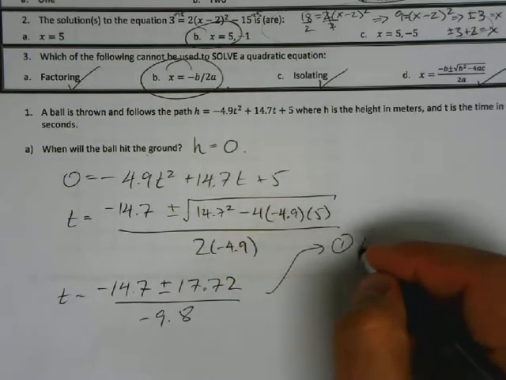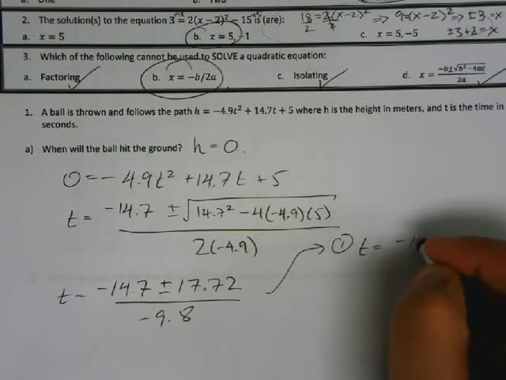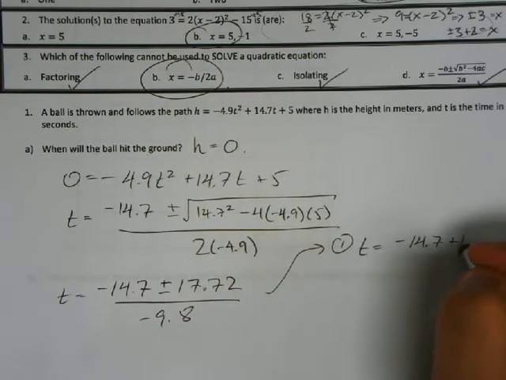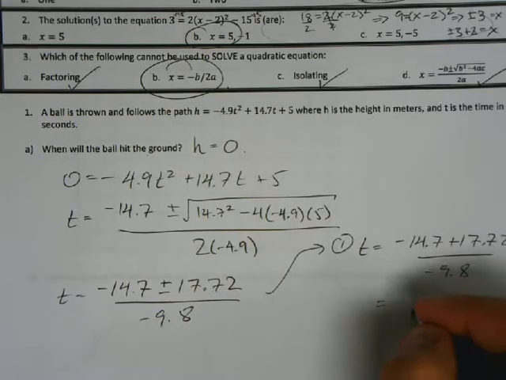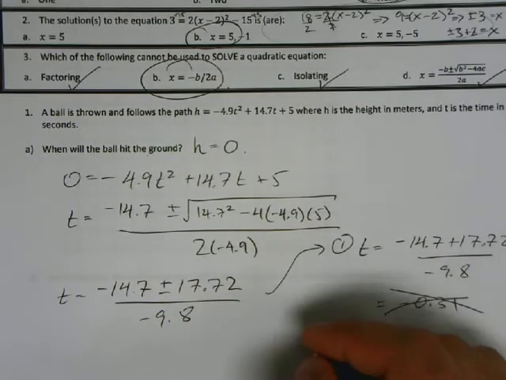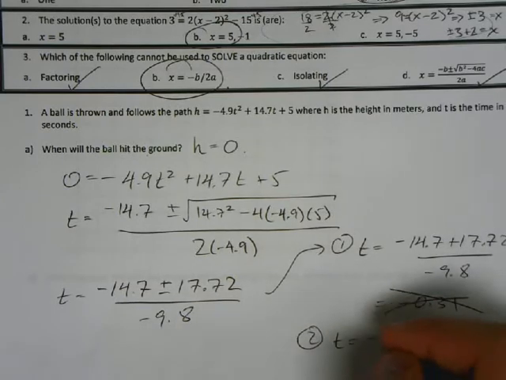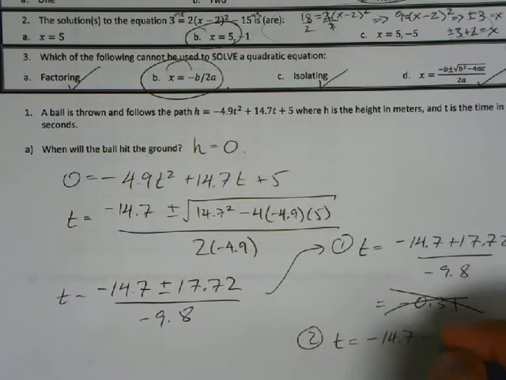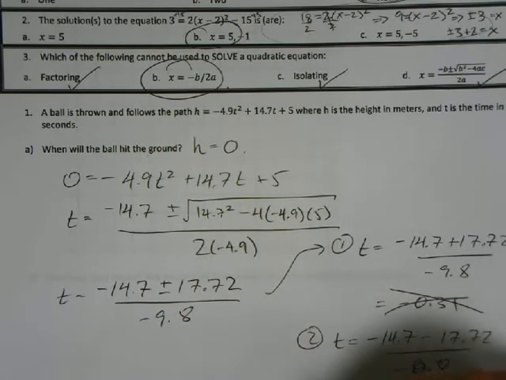Option number 1 is that t is negative 14.7 plus 17.72 over negative 9.8. Well, that gives us negative 0.31. That's a negative answer, so it's no good. Option number 2 is that it's negative 14.7 minus 17.72 over negative 9.8, and that gives us that t is 3.31.